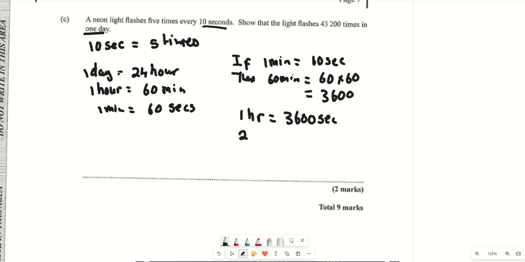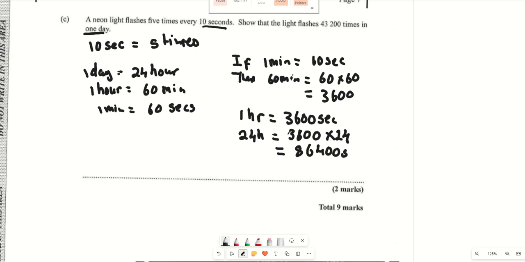So therefore 24 hours would be 3,600 seconds, which is 1 hour, multiplied by 24. You will get 86,400 seconds. Right? Now, we want to know how much times it would blink, right?